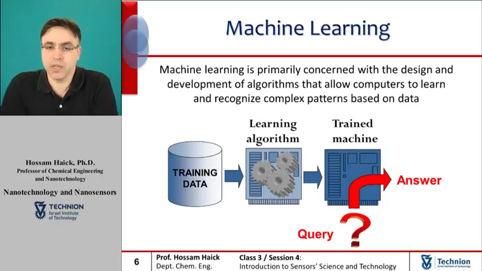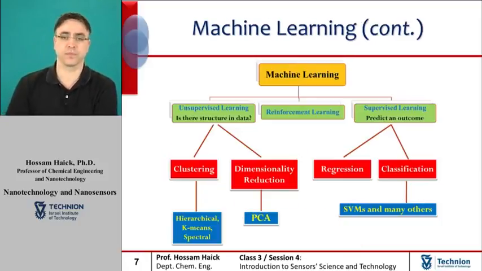Machine learning is primarily concerned with the design and development of algorithms that allow computers to learn and recognize complex patterns based on the data, and this is of course one of the main parts of the electronic nose, as we will detail in the next few slides.